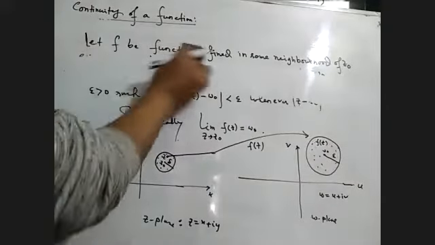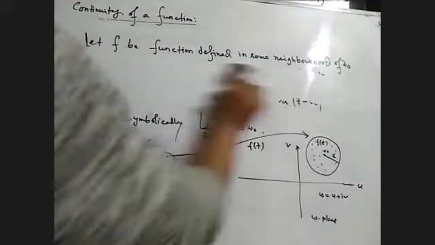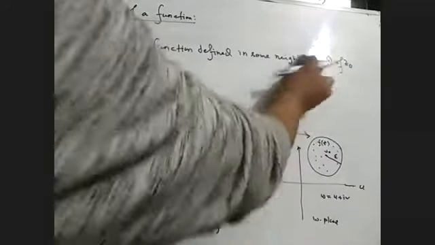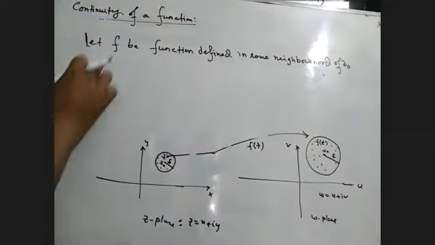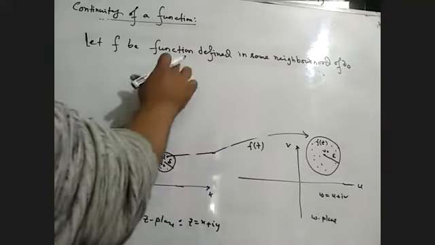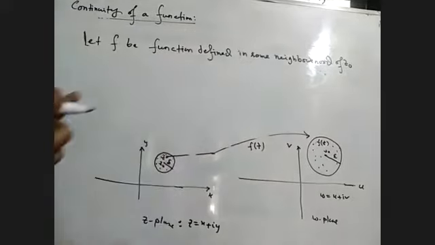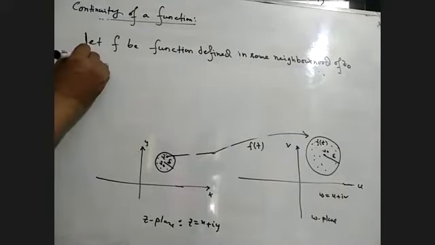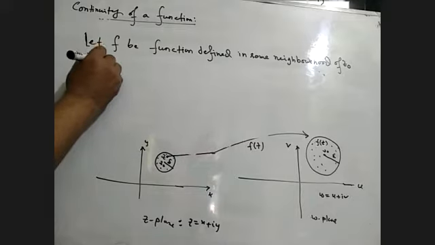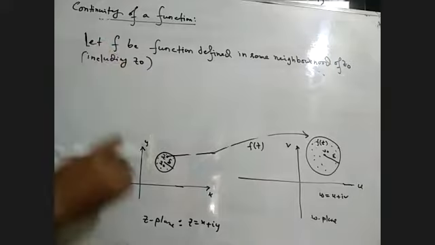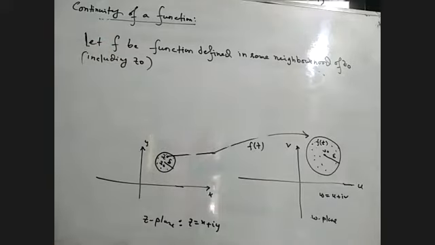This will be the same definition, the same function f of z defined in some neighborhood of z naught, including z naught. Here we have to remember that the center will be included for continuity.